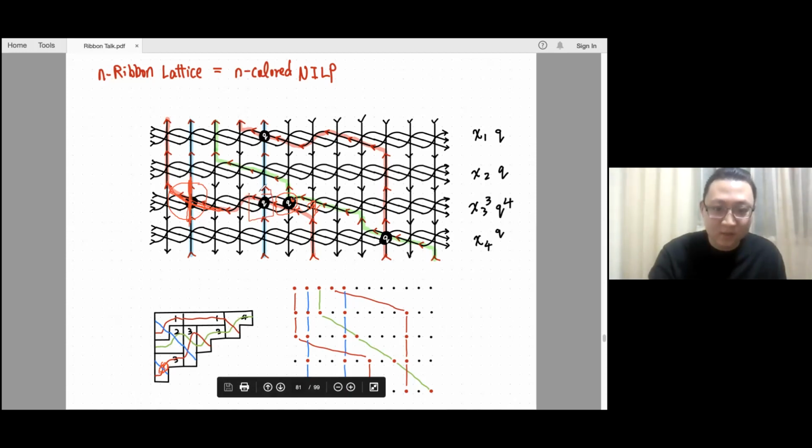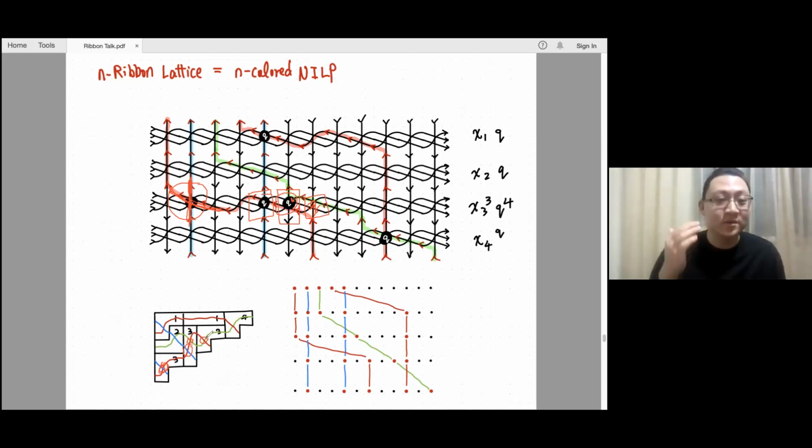The second q in this row captures the intersection happening right here. And the third q is this intersection, and the fourth q is this intersection. So we define our weights in a way that whenever there is an intersection of paths, we put a q in there.